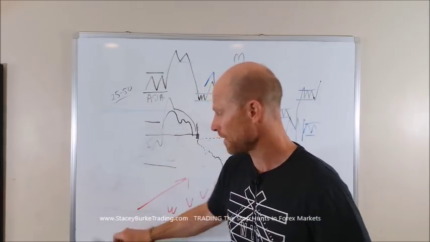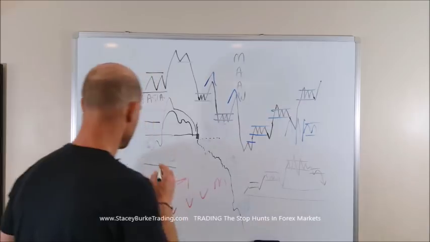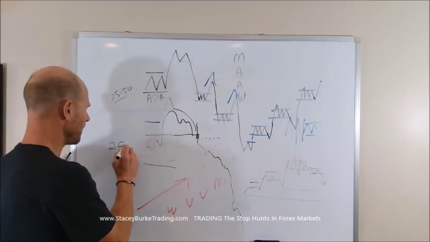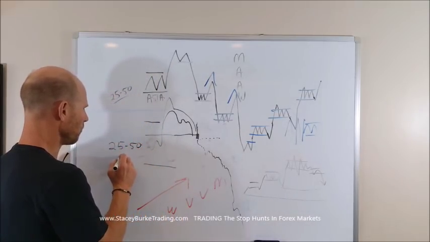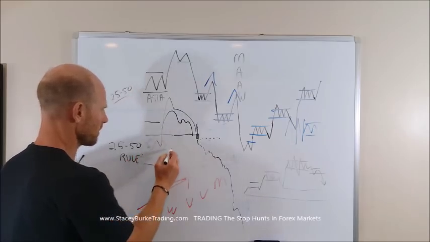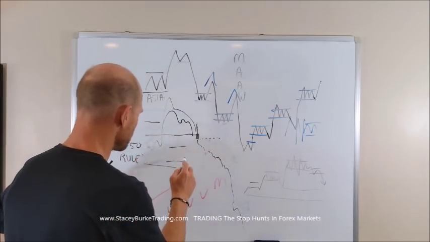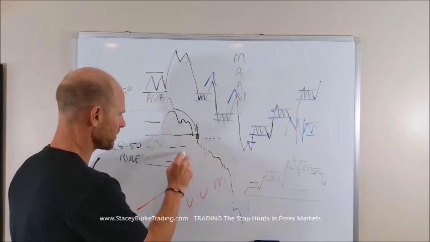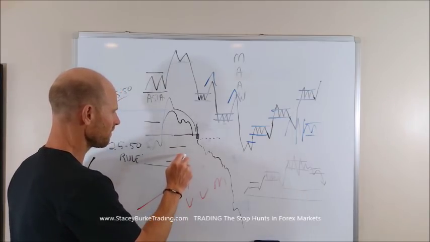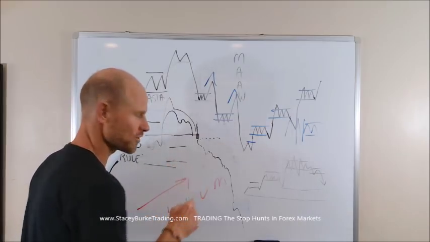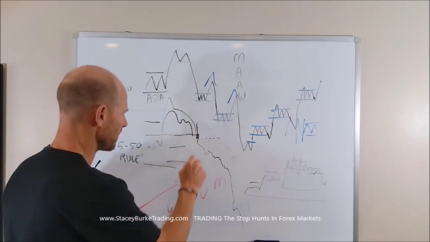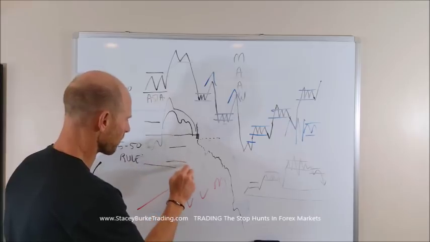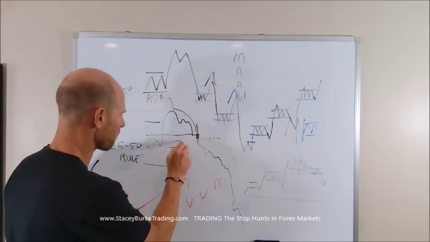Again, one of the best things that I use is that 25 to 50 pip rule. Once the market has come out of its trading range of Asia, you want to pay particular attention to the range itself. So if you're hitting your ADR and Asia's only started to trade, then you possibly could end up in a range-bound day unless the market pulls to the low of the day or the high of the day.